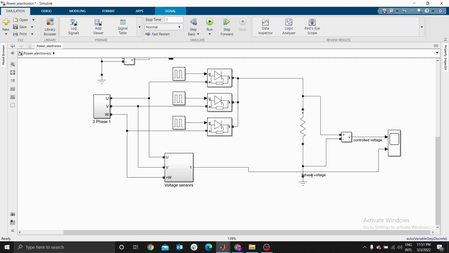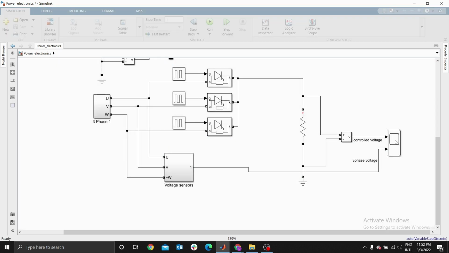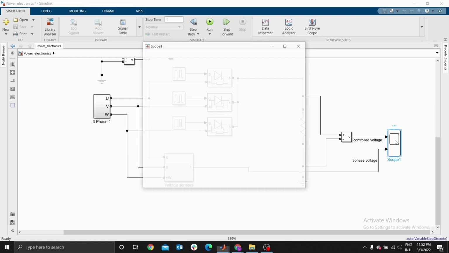Okay, let's first run and see the comparison here.